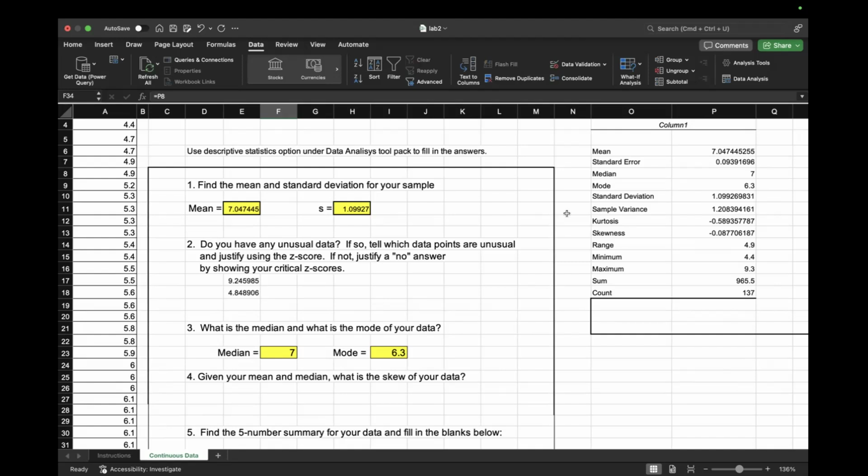Or somebody's height in inches and how many points they scored that season for basketball. So you're going to need two variables that you think are probably correlated.